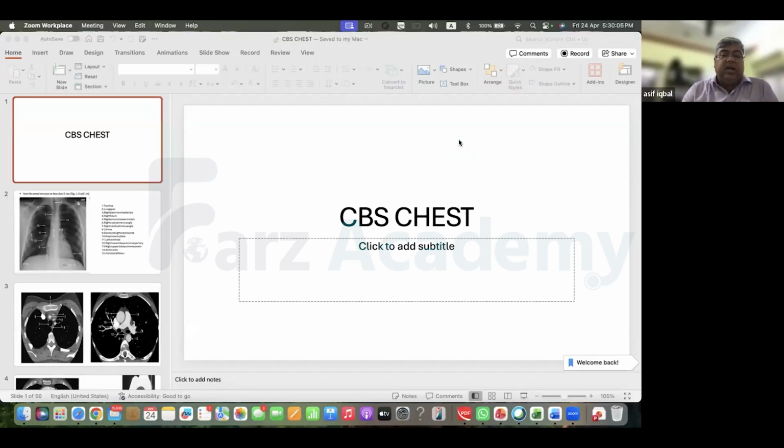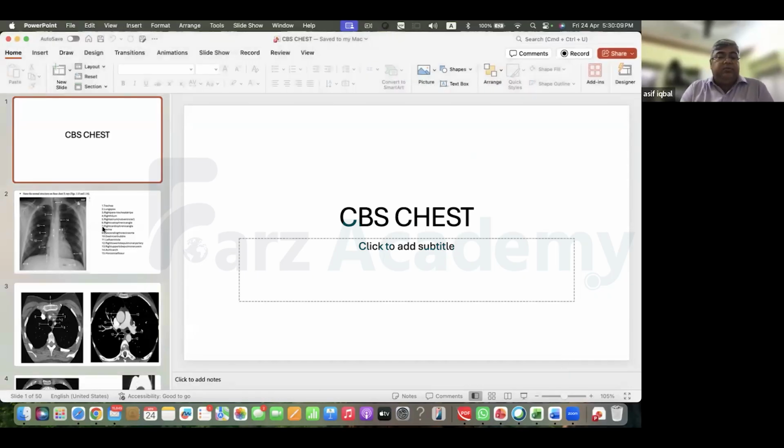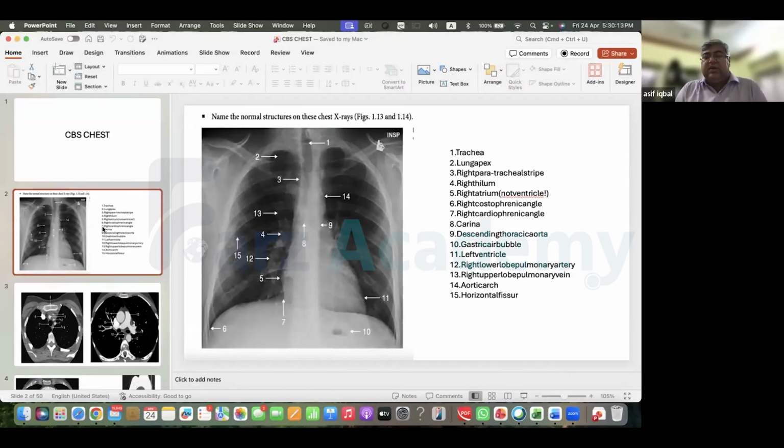So let's start with the chest X-ray. A very important thing is that you know the landmarking or anatomical marking of the areas. When you are given any chest X-ray, you have to check certain things like tracheal position, whether there is a pneumothorax or pleural effusion, whether a central line is there, and more importantly, whether an IABP is there, whether you are getting the image of the balloon or not.